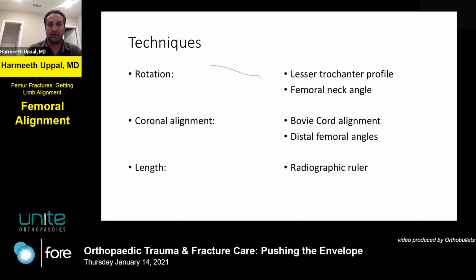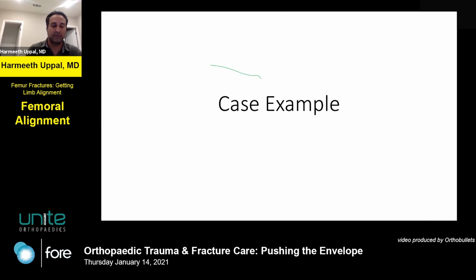Look at the bovie cord, take it right at the top of the center of the femoral head, all the way down to the ankle, and see where you are at the knee compared to the other side. Preoperatively, you do these angles, right? And you can do it with flat plates, or you can do it intraoperatively. All these different things. And you look at your length, radiographic rulers come into play. So again, all these different things really have to be thought out and planned before you take this surgery on.